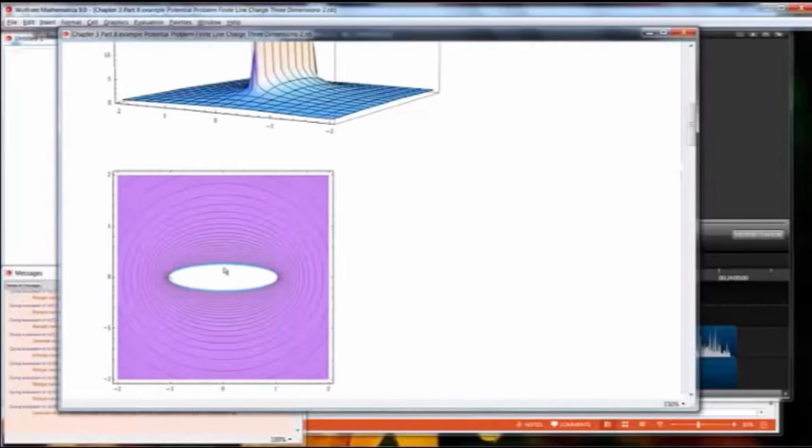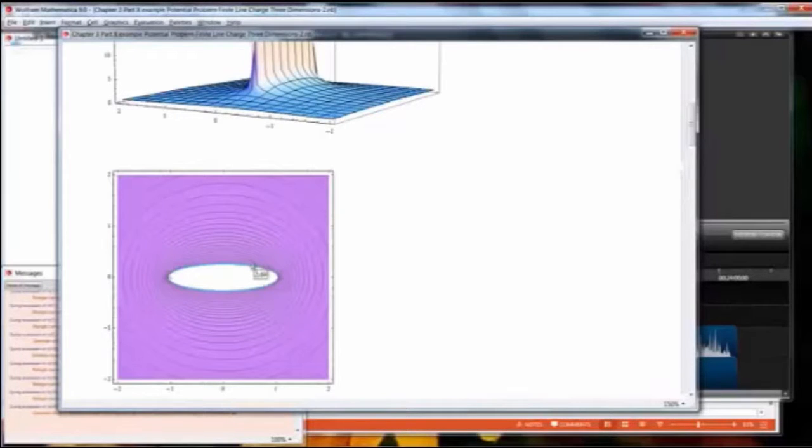I mentioned that the slope of the potential is least in this direction and the largest right in this region right here. You know that the lines of electric field are perpendicular to the contours, and that has to do with the fact that the E field is the gradient of the potential, minus actually.